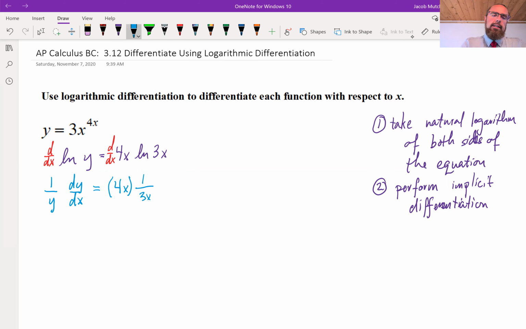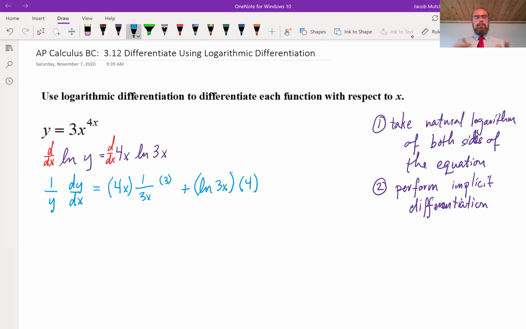But then recall, I need to take the derivative of that composed function 3x according to the chain rule, and that would just be that factor of 3. And then plus the second factor unchanged, the natural log of 3x, times the derivative of 4x, my first factor, which is just 4.